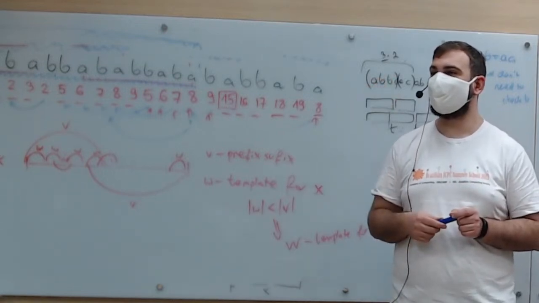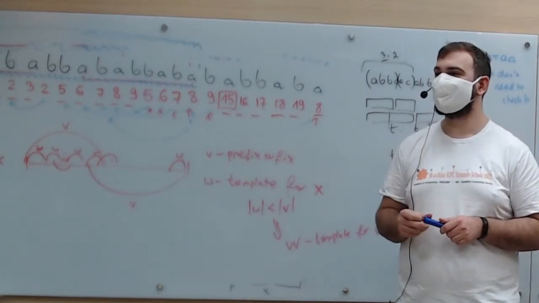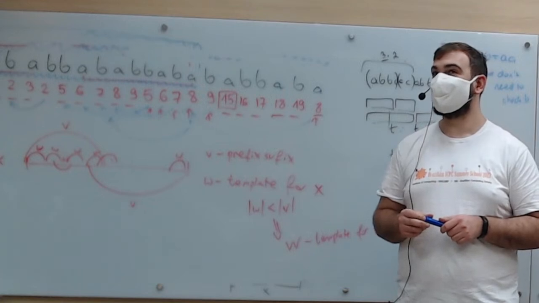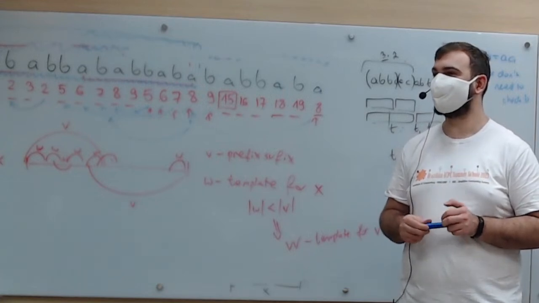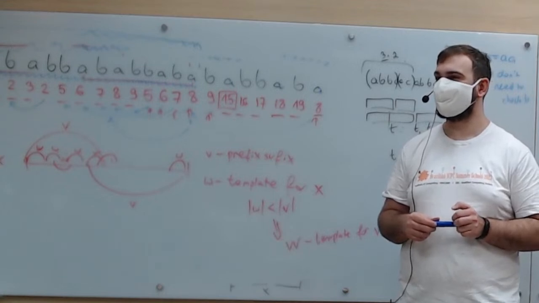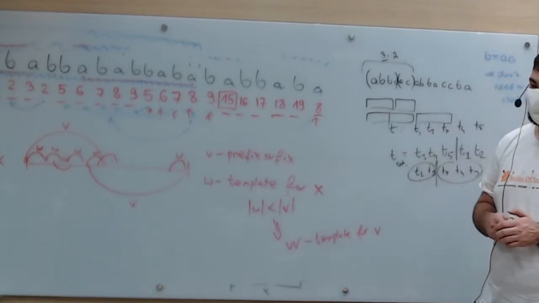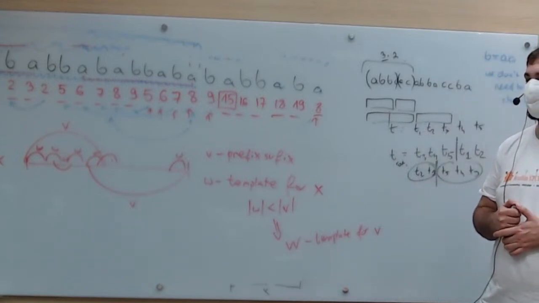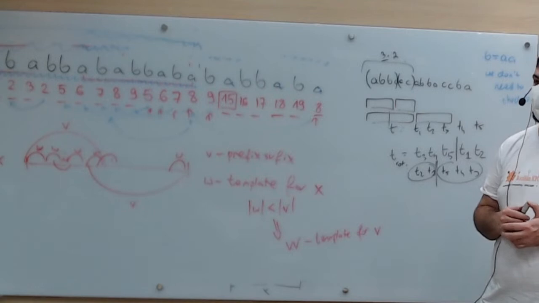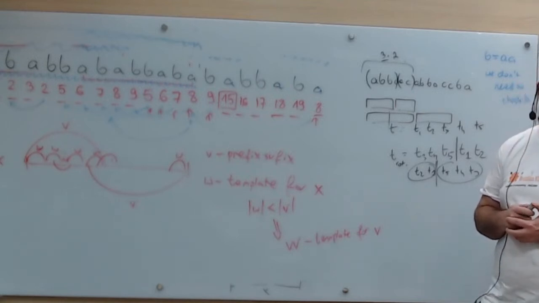I think I understood. I think I have the solution. How complicated is it? No, not that complicated. So you want to check if something is a template, right? Yes.